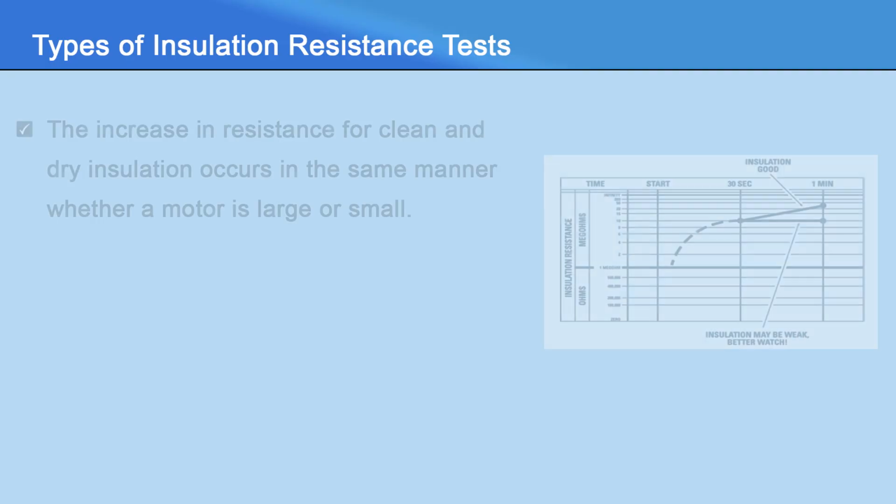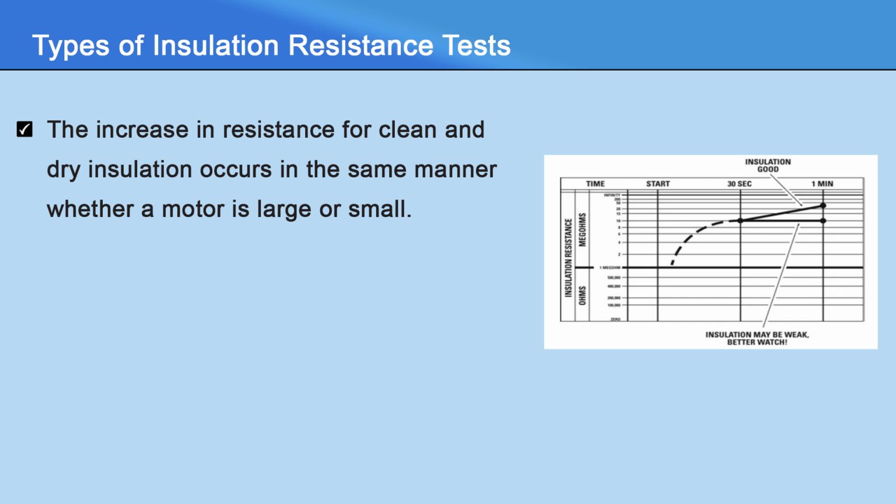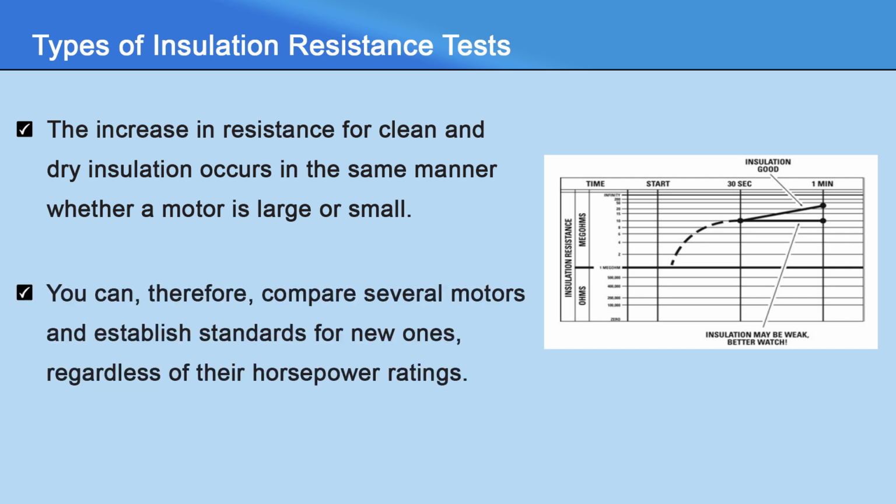The time resistance test is of value also because it is independent of equipment size. The increase in resistance for clean and dry insulation occurs in the same manner whether a motor is large or small. You can therefore compare several motors and establish standards for new ones regardless of their horsepower ratings.